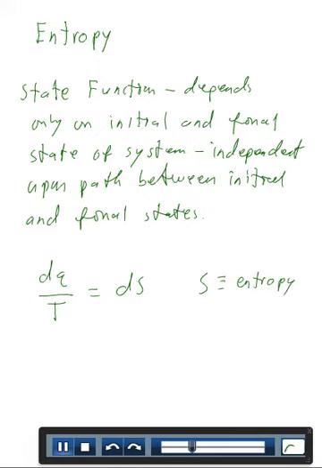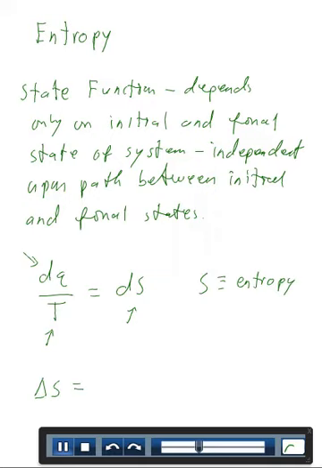I've used calculus language because this is thermodynamics: dS is the change in entropy, equal to the heat flow, dq, divided by the temperature at which that heat flow occurs.